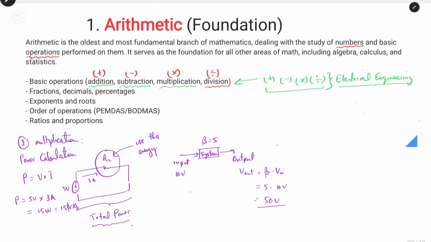So this represents multiplication, and this is used mostly in circuits and many areas in the field of electrical engineering.